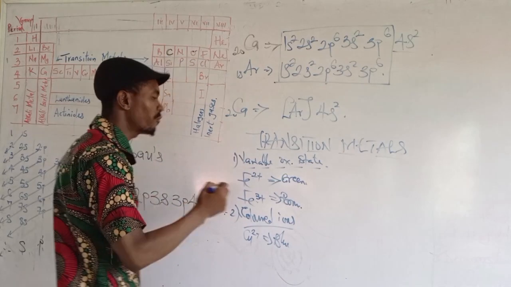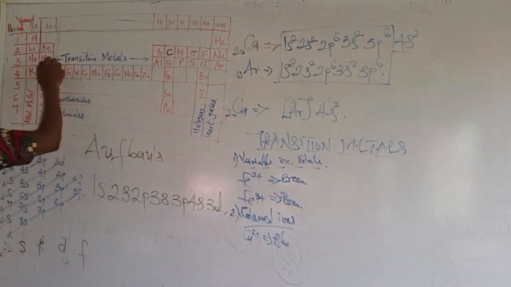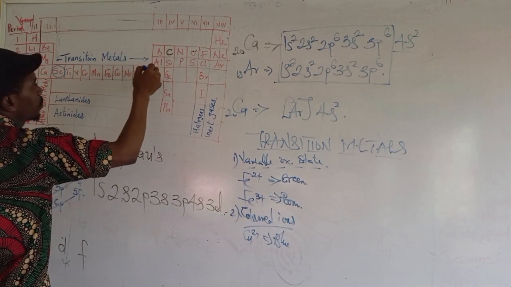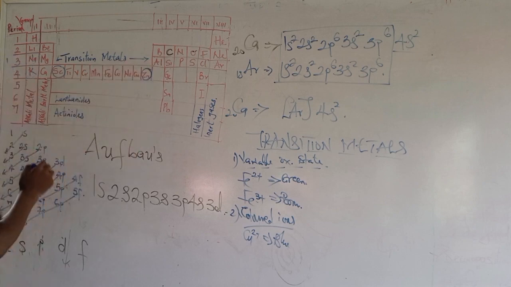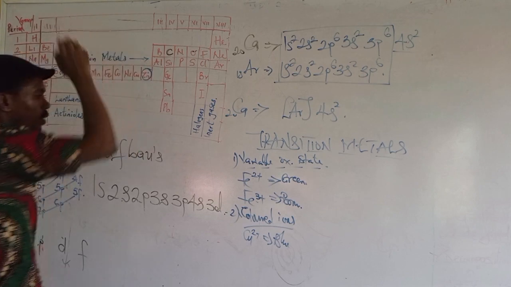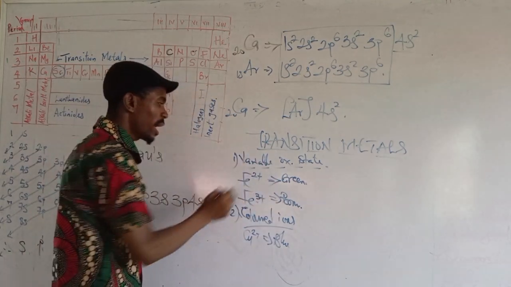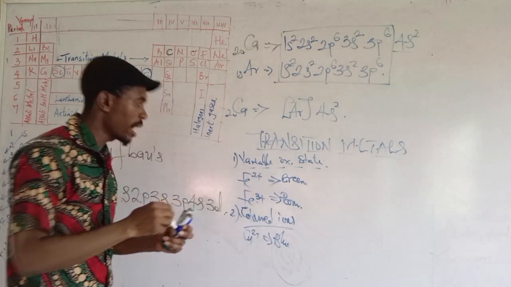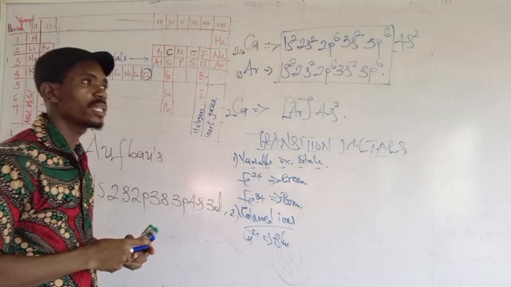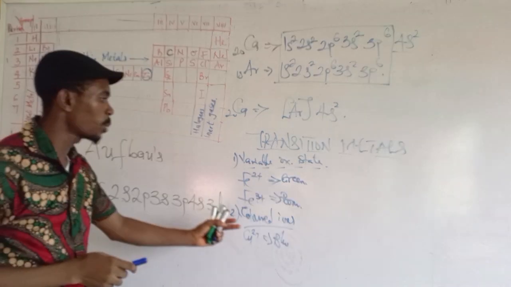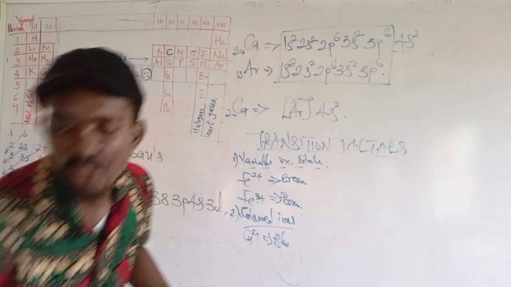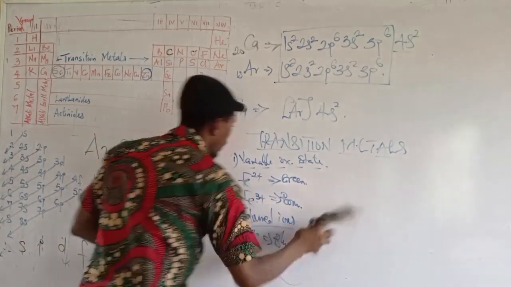With the exception of scandium and zinc, which are colorless. But copper is blue, iron is green in the +2 state and brown in the +3 state. So these are some of the colored ions formed by the transition series of metals.